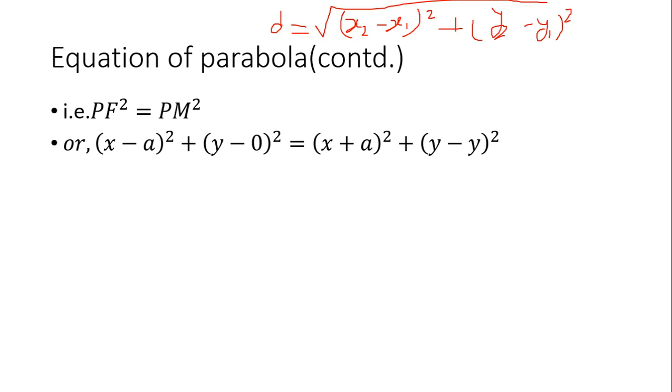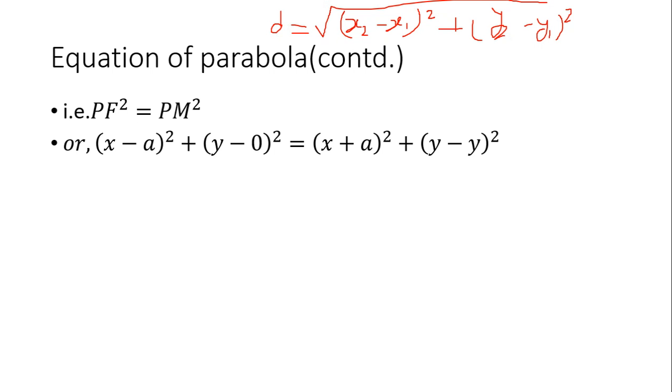We have this formula. This is the distance formula for the distance between two points (x1, y1) and (x2, y2). Using this formula here, as this is the square of the distance, the square root will be removed while squaring.